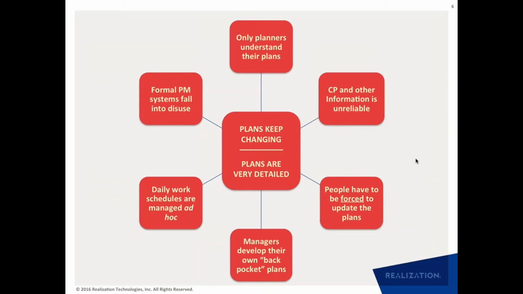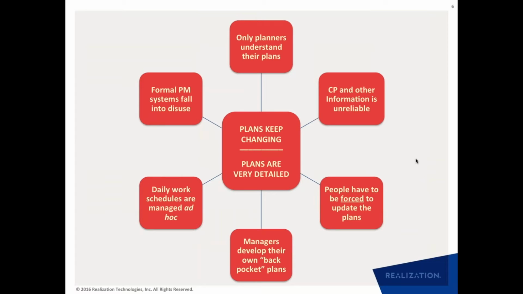So when we introduced the critical chain method into our software, we did solve these problems somewhat, but not fully. We did extend the life of formal project management systems. We did extend the usefulness of project plans.